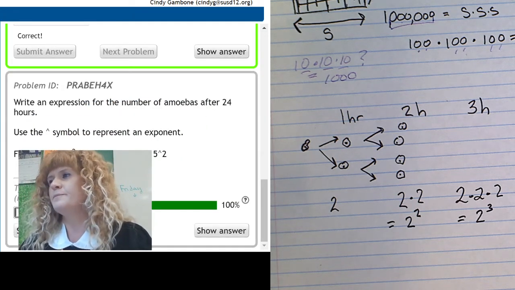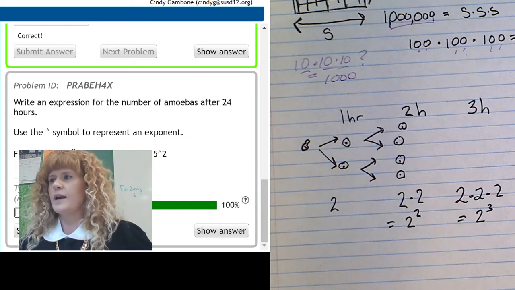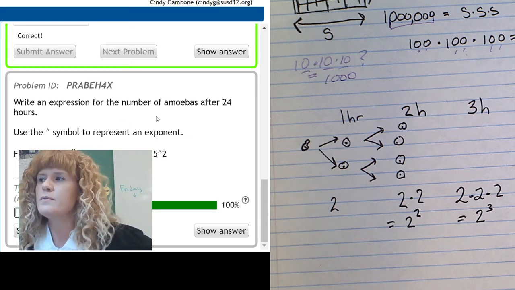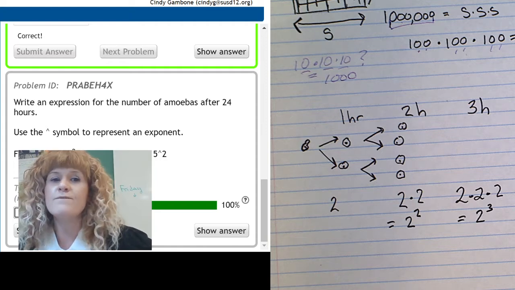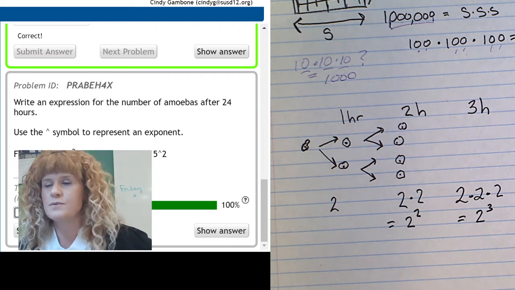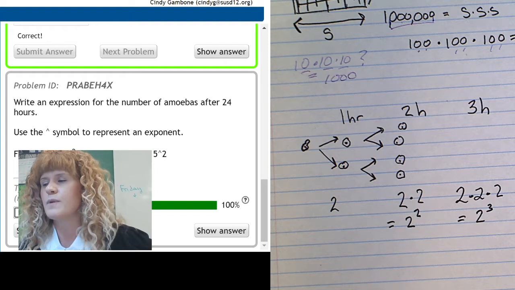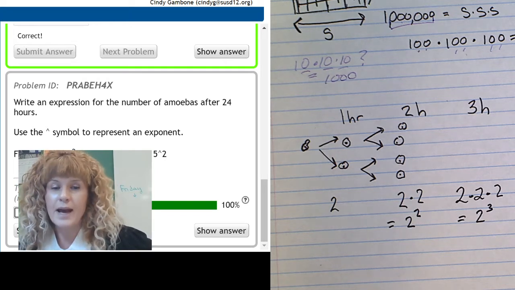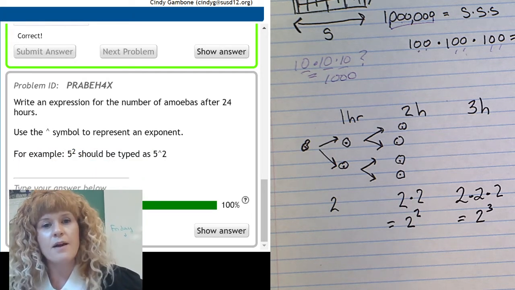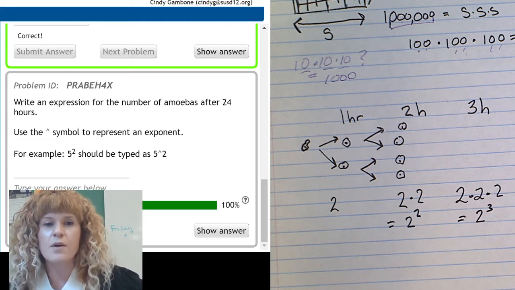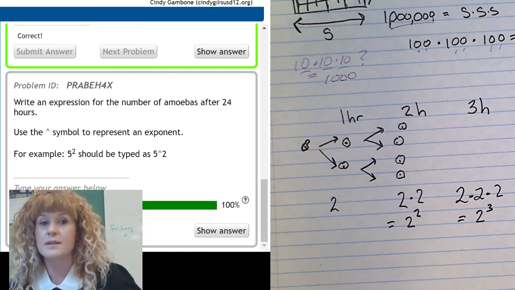Okay, next problem. Now, write an expression for the number of amoebas after 24 hours. Use the caret symbol to represent an exponent. By now, you recognize the pattern. Every hour it doubles. So the number of hours is the number of repeated multiplications, the number of doublings.